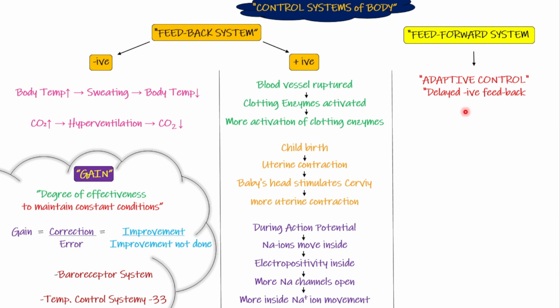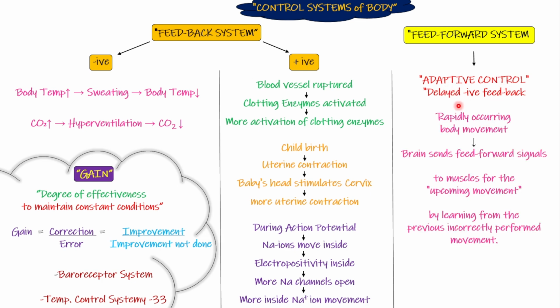Now, what example is given in Guyton of adaptive control? The example is of the body movements. For instance, if a person is running and he or she is going to take a turn towards left, okay?